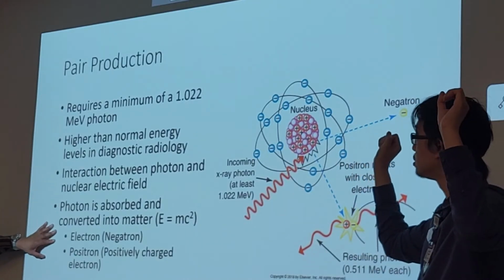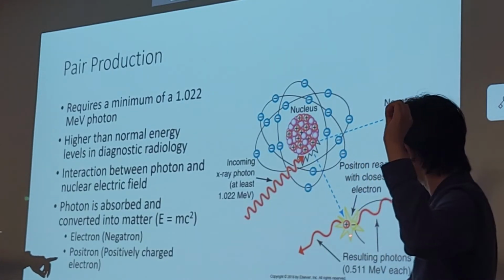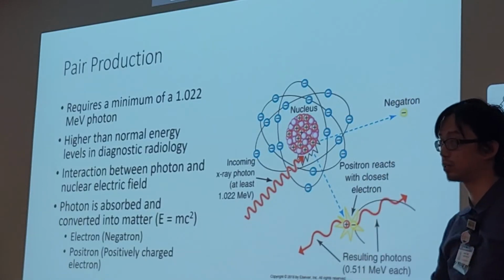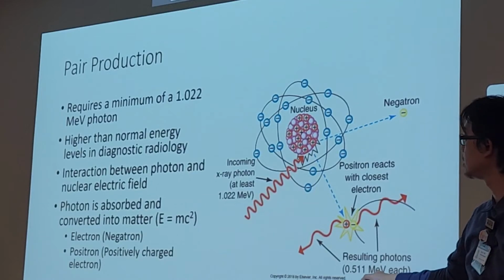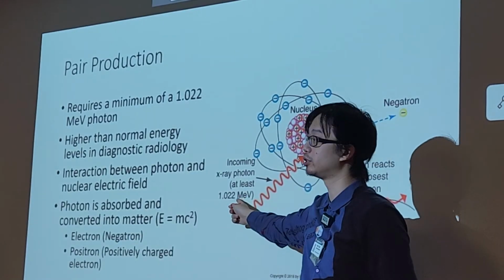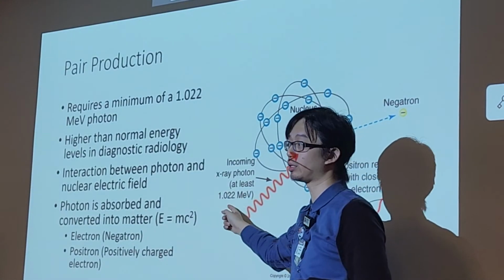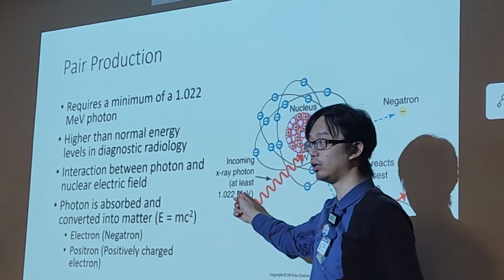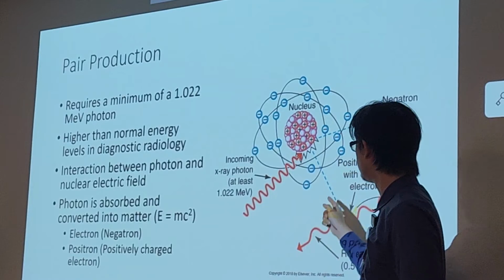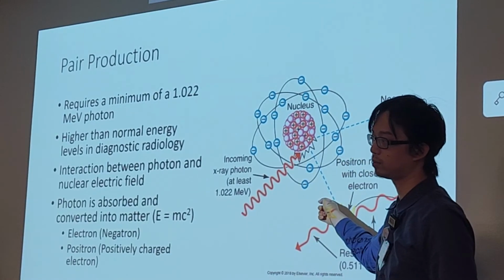They're always going to equal that, even if it's higher or lower? Yes, these two are always going to equal 0.51. It doesn't matter what this energy is. It can be higher than 1.02, it will always be this. It cannot be lower than 1.02 because you would not have produced these in the first place.